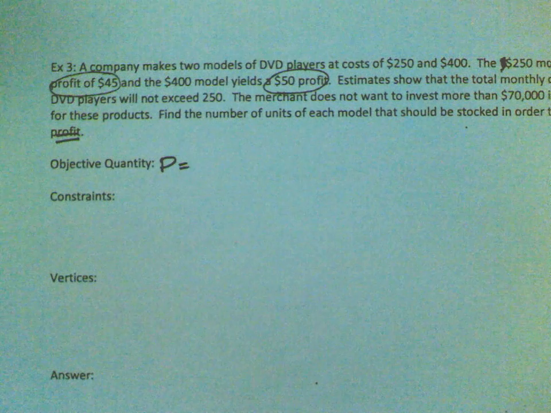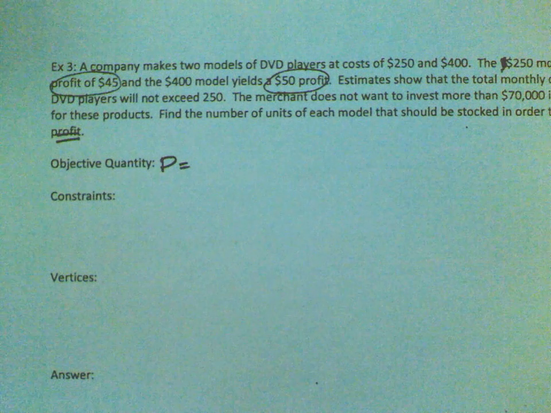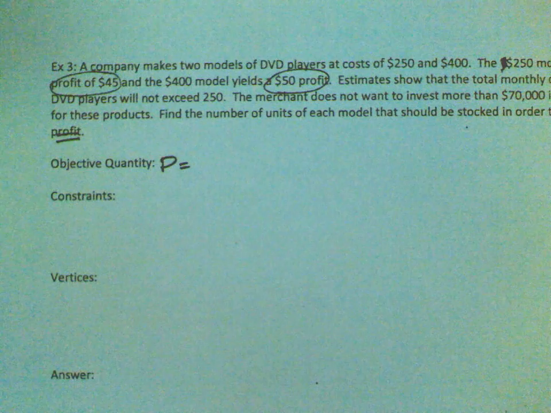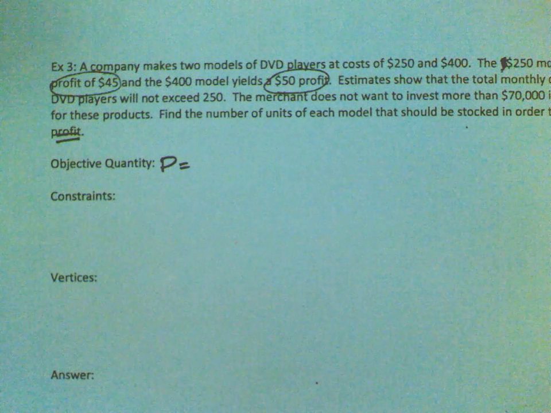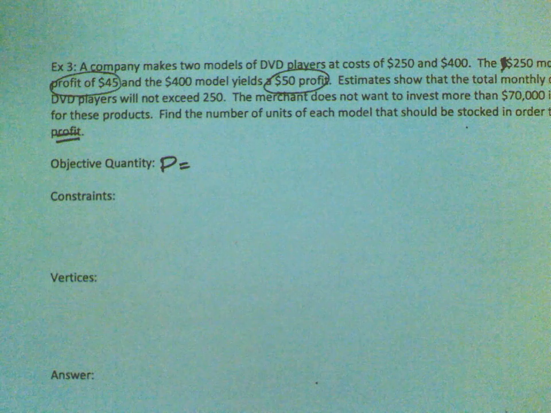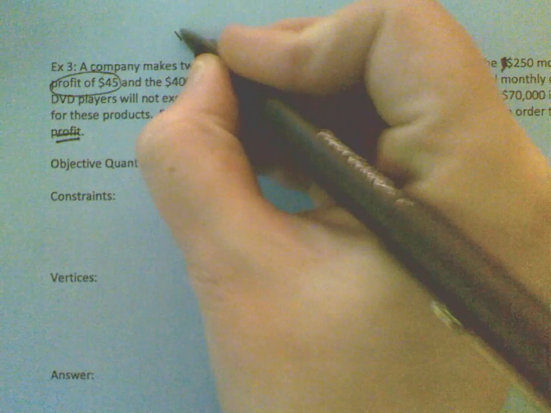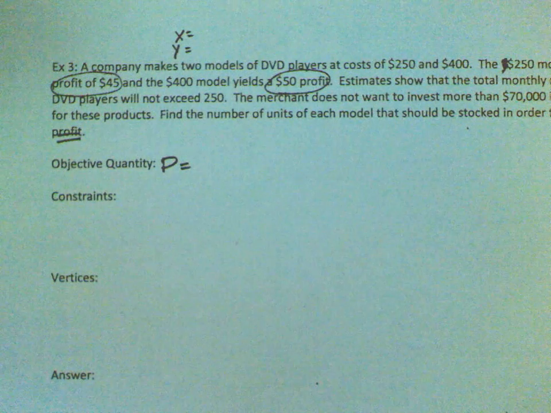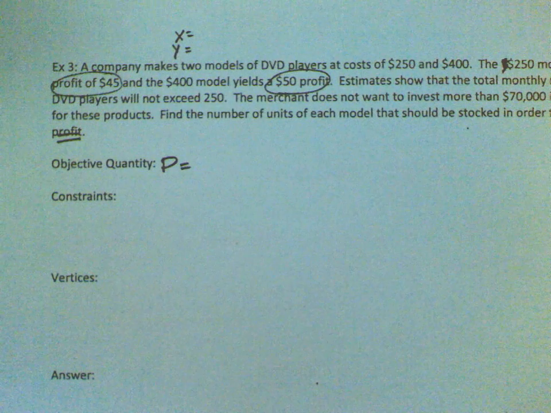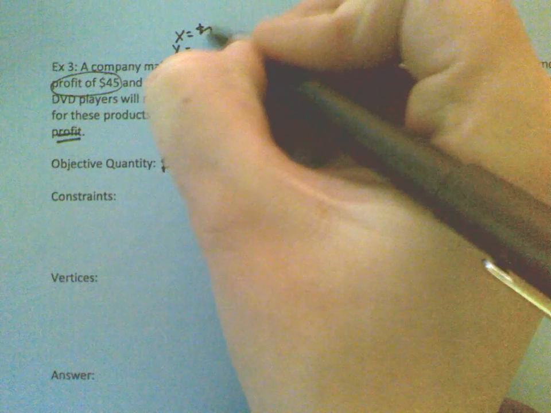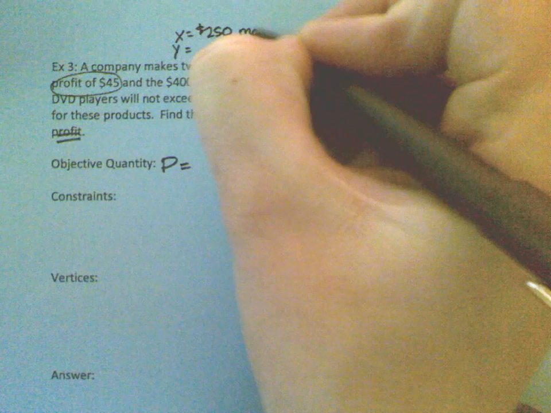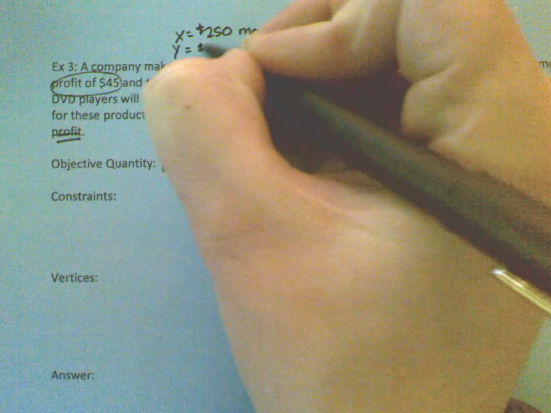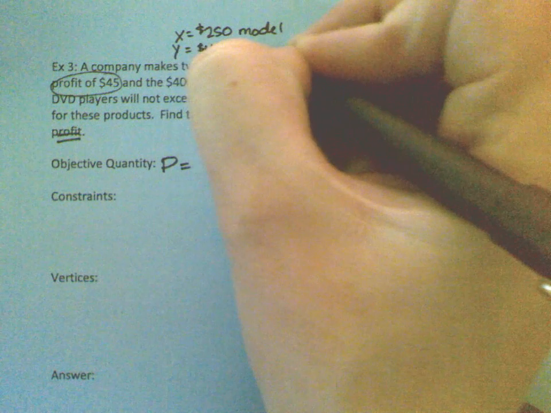Okay, so we want to use the numbers 45 and 50 in our objective equation, or our objective quantity. And what we would really like to do is then to write that in terms of x and y, so we better think about what are two things that could represent our variables for x and y. Lillian? The $250 model and the $400 model. Yeah, the $250 model and the $400 model.